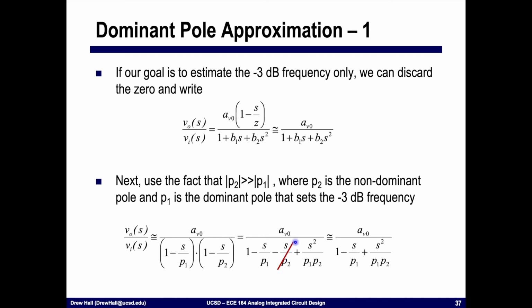Okay, and so I can simplify this to just look at this term. Okay, and so our simplified expression, we've now tossed away the zero and we've thrown away the second pole, is simply the DC gain divided by 1 minus s over p1 plus s squared divided by p1 times p2.